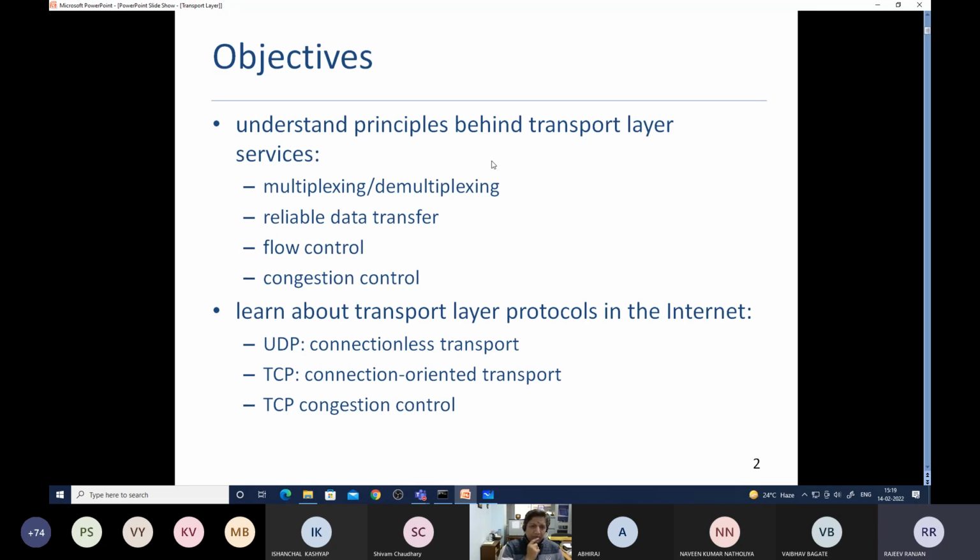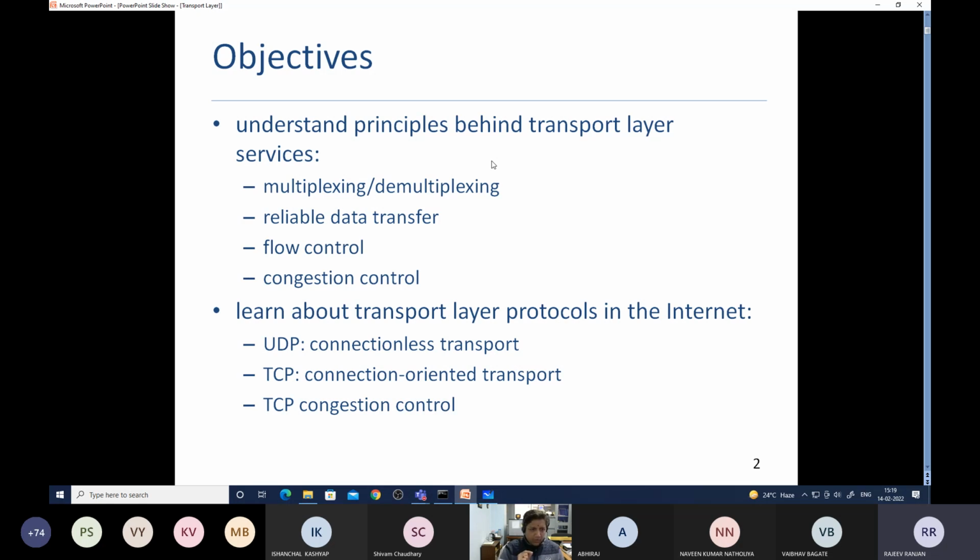Then if we want to transfer data in a reliable manner, we need to develop some rules and regulations for that. As we know, the underlying internet is unreliable and provides no guarantee. So if you want reliable data transport, how can we achieve that?